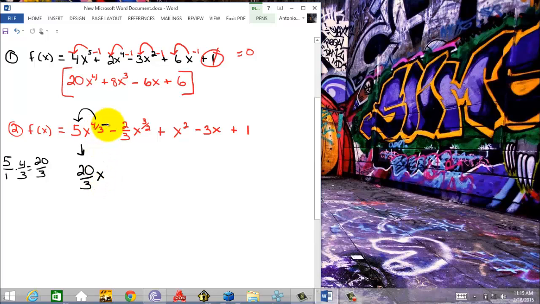Now remember, we have to deduct 1 from the power. Let me show that step over here. I have 4/3 minus 1, and since we're talking thirds, that would be 3 over 3. That leaves me 1/3. That means I have here 20/3 x to the 1/3 power. Great.